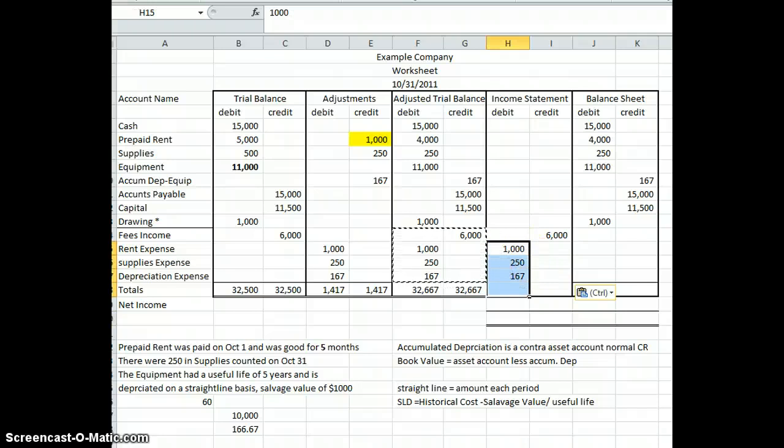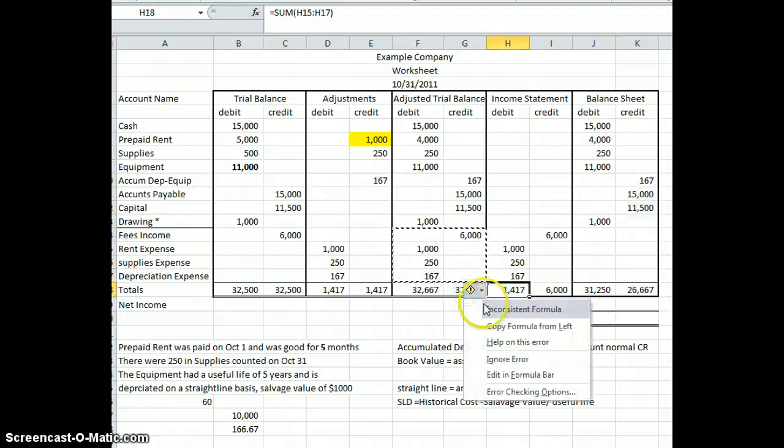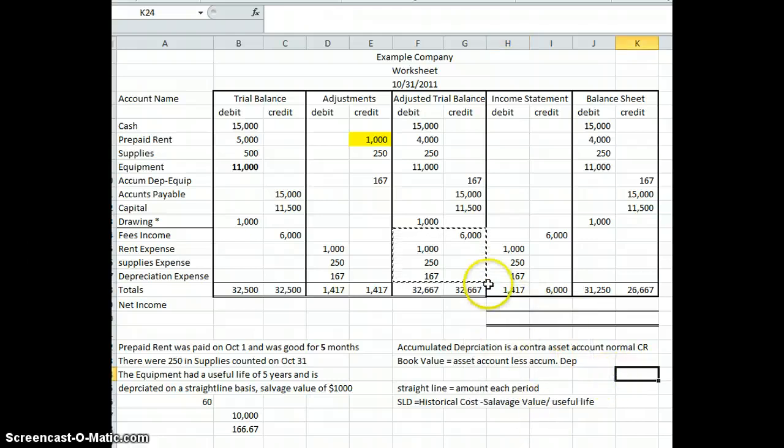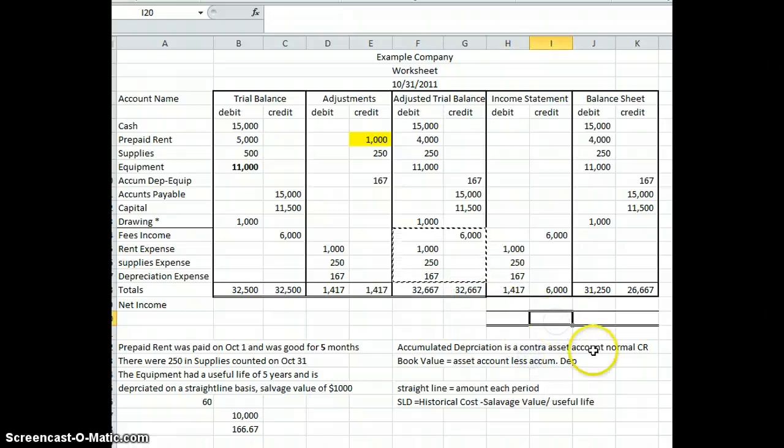So I'll sum those down, sum these down, sum the balance sheet column and the balance sheet credit column. Now, as I'm doing this, you're probably saying to yourself, whoa, these are not in balance. And I'm going to just ignore this error because I didn't do the whole entire column, but we know we're okay. So they're not in balance.